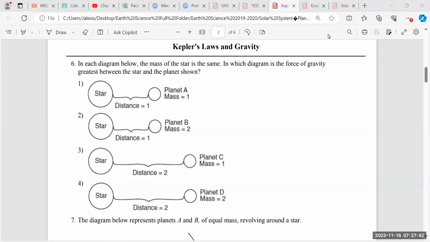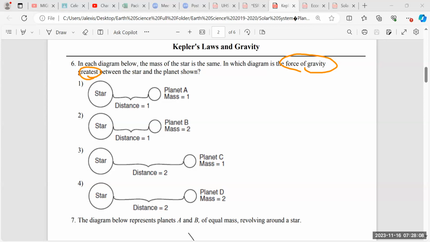All right. So for number 6 for Kepler's law and gravity questions, in each diagram below, the mass of the star is the same. In which diagram is the force of gravity greatest between the star and the planet shown? Remember, as we've spoken before, when the force of gravity is the greatest, we need a scenario.